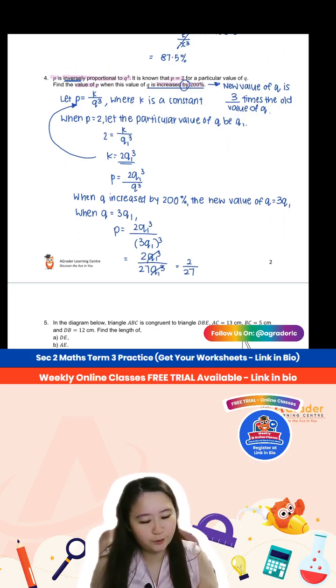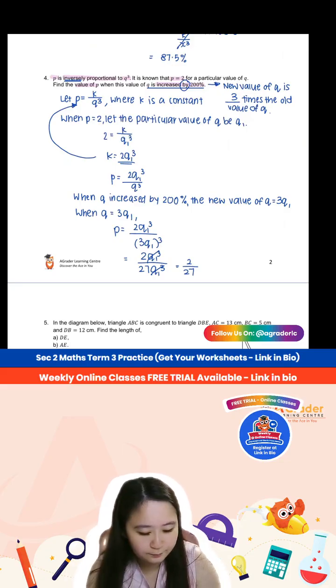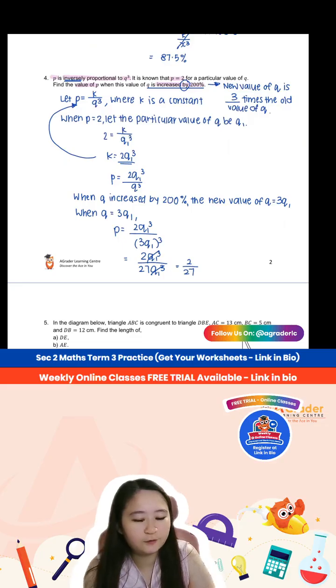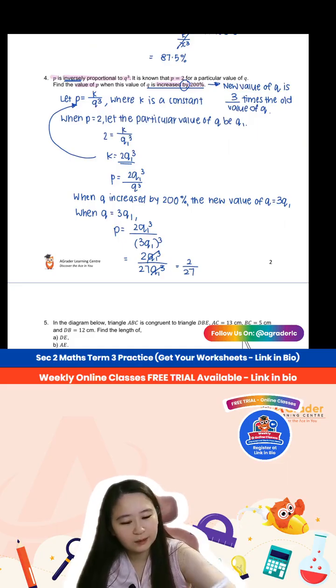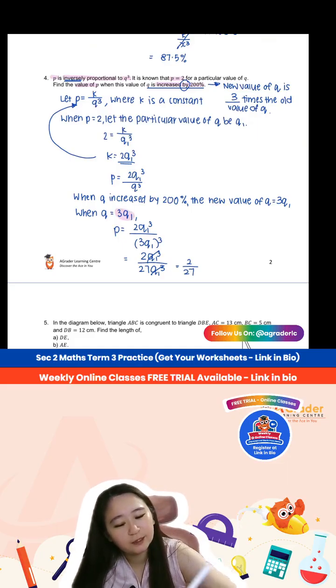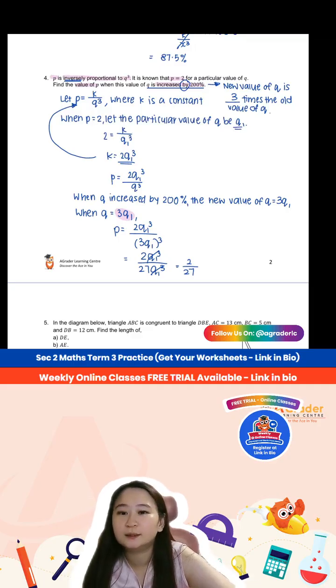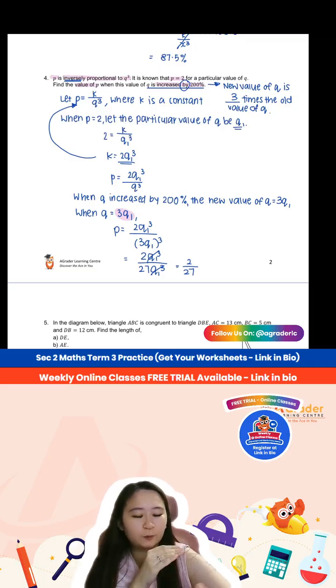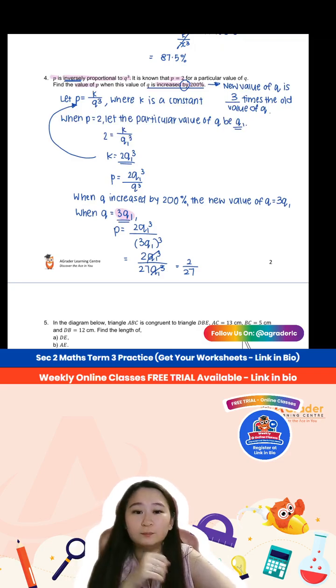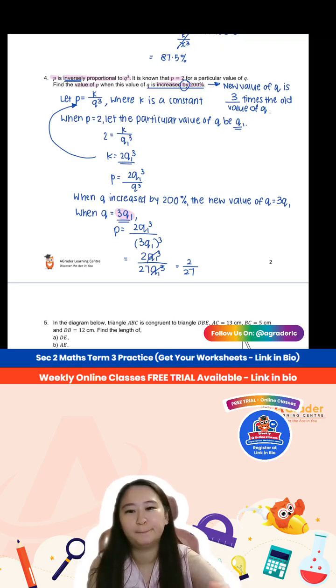Which value? Sorry, I don't understand your question. They say when the value of Q increased by 200% means it's 3 times of the original value of Q. So we let the original value of Q be Q1. So after increase by 200%, the value of Q will become 3 times Q1.